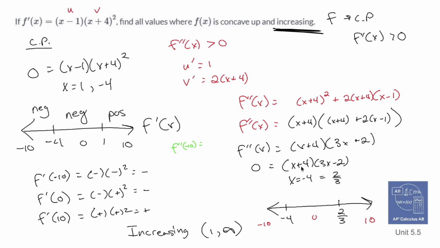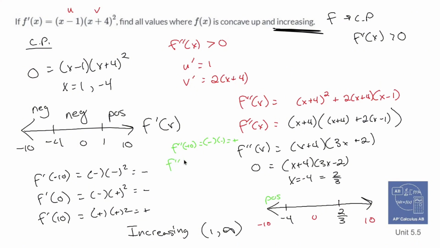Using this equation right here, negative 10 plus 4 is negative. Negative 10 times 3 is negative still. So a negative times a negative is a positive. So your positive, which is concave up. I'll write positive because I'm trying to be consistent, not just the plus sign.